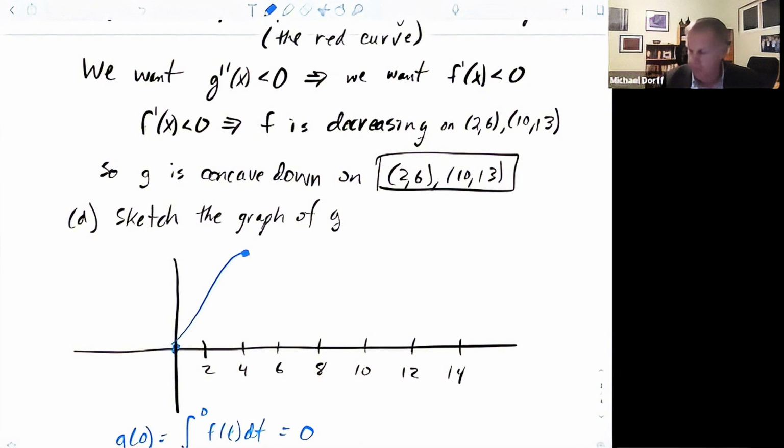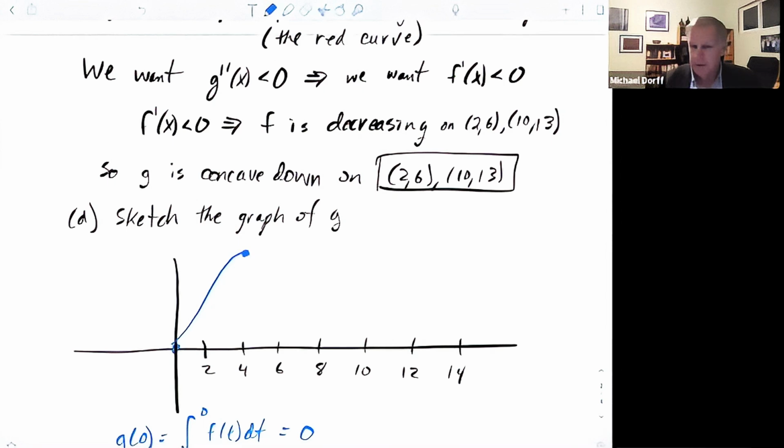Now, what happens after I leave 4? Well, in this case, the red curve goes below the x-axis. So I'm decreasing the amount of area. So my function g should be decreasing all the way from x equals 4 to x equals 8. But the amount of area below the t-axis is less than the amount of area above the t-axis.